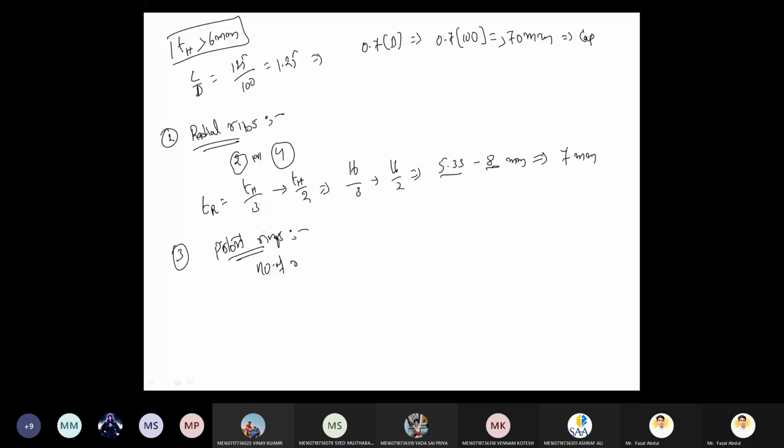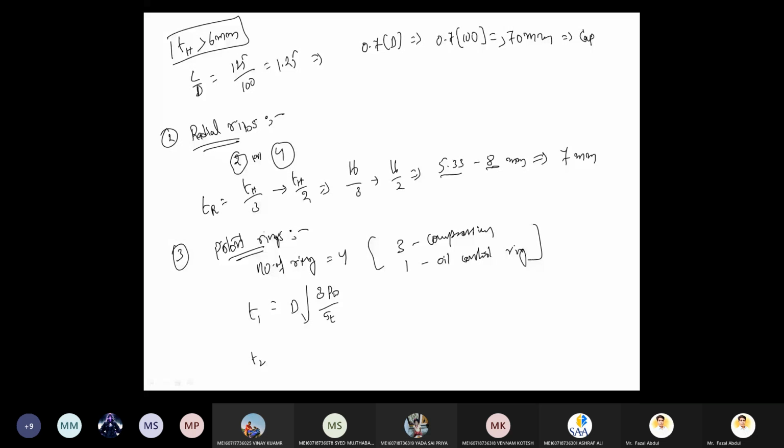Out of 4, 3 are compression rings and one is the oil controlling ring. Okay. Now each ring has two dimensions, T1 and T2. T1 is the radial thickness, T2 is the axial thickness. So what is the radial thickness? The equation I'm writing: D into square root of 3 into working pressure by sigma T.